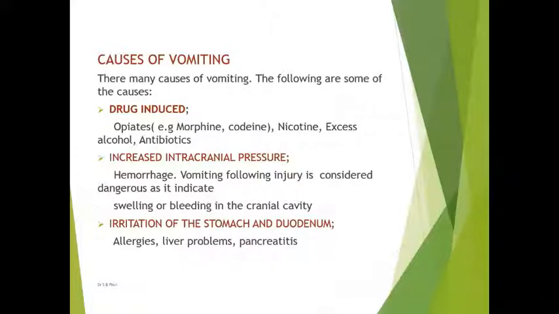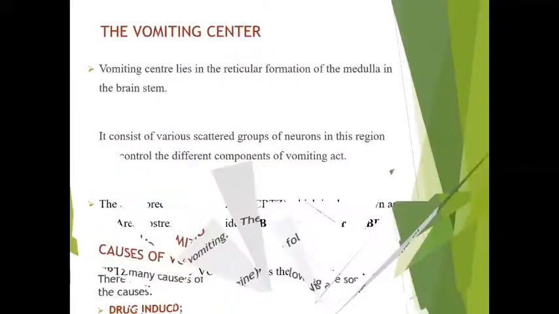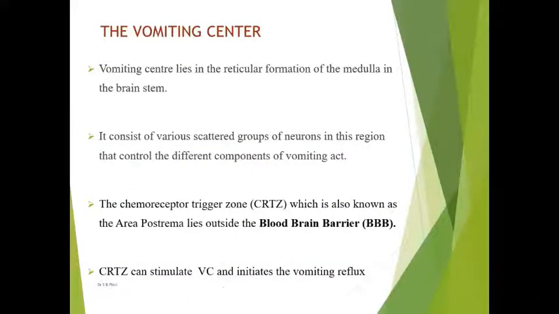Allergies, liver problems, pancreatitis, all that can also cause vomiting. Even certain chronic renal diseases can also trigger vomiting, because if the kidneys are not operating very well, they are filtering fewer waste products, and some of these waste products start accumulating within the body, become toxic, and can stimulate the chemoreceptor trigger zone.